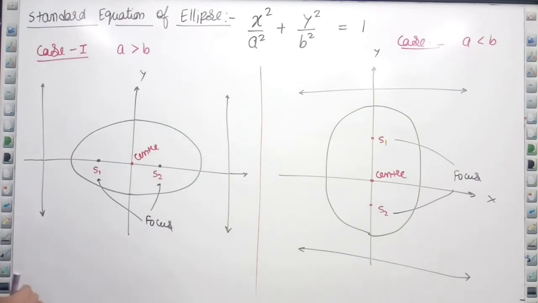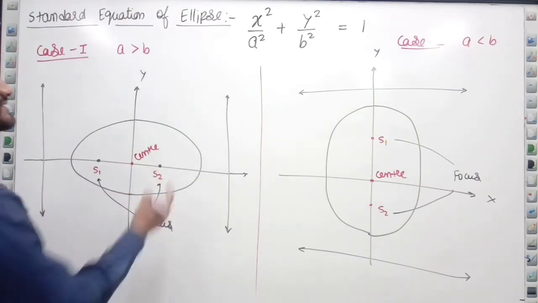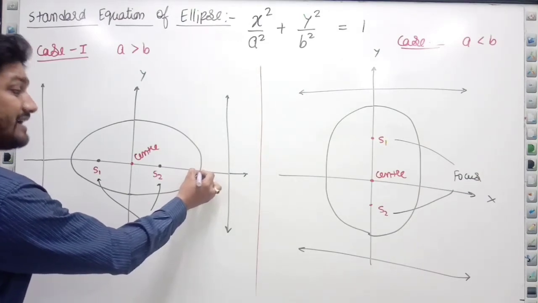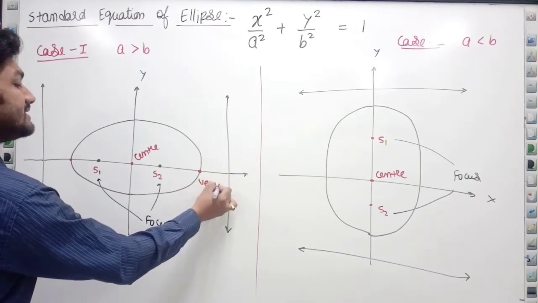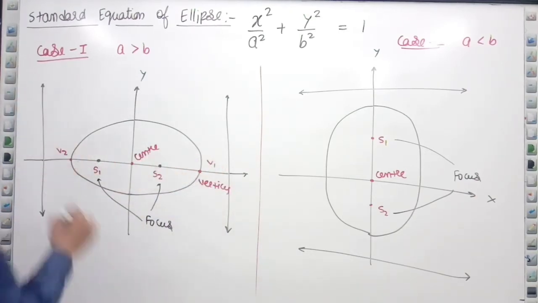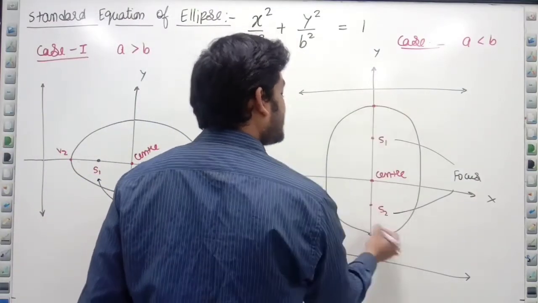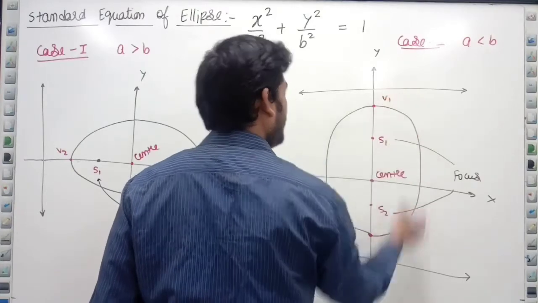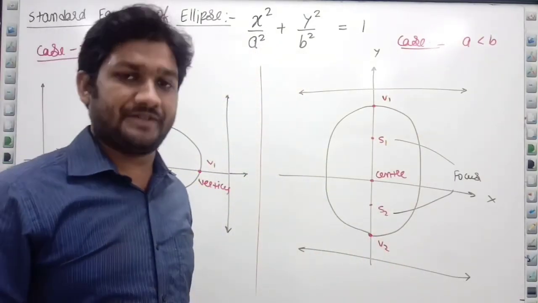Now the line joining center to the focus will intersect the ellipse at points that are called vertices. I am naming them B1 and B2. Here also, the line joining focus to the center intersects at vertices B1 and B2, the vertices of the ellipse.